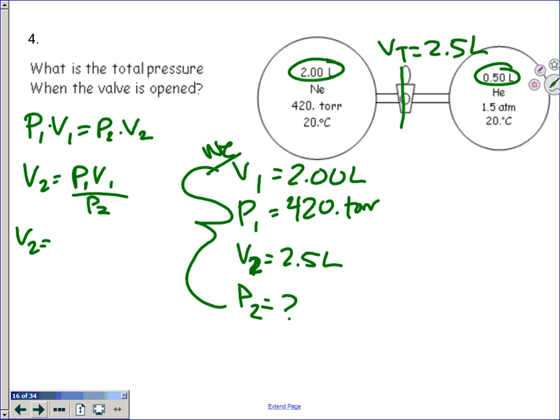Oh, I didn't mean to solve for V2, sorry. I have to solve for P2. Just did it again. All right, I'm solving for P2.